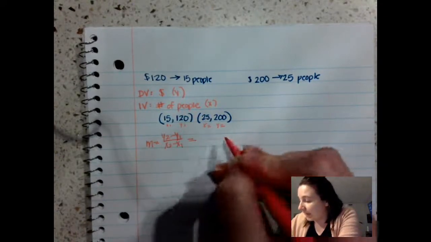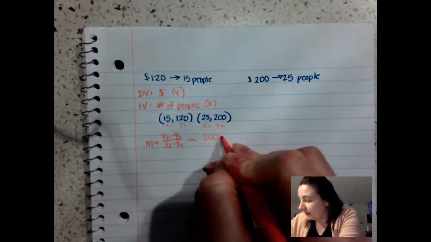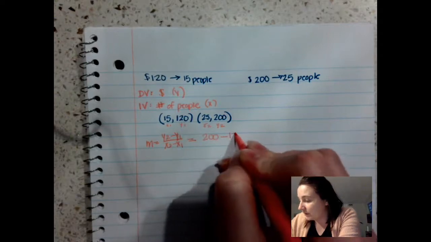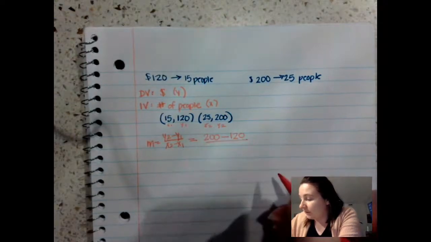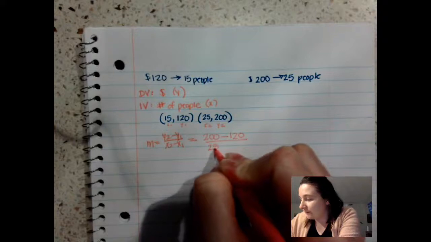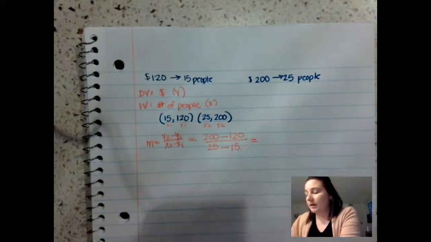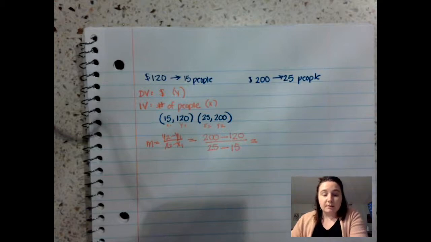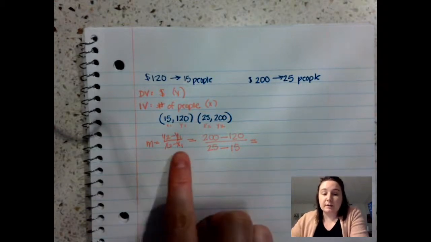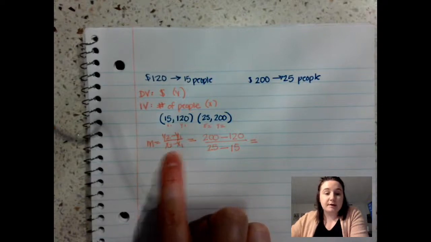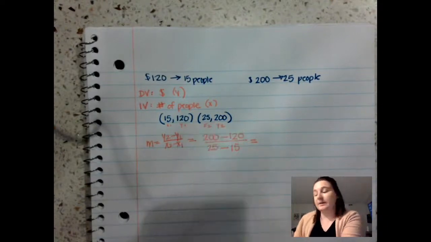So we have y2 is 200 minus y1 is 120 over x2 is 25 minus x1 is 15. The slope formula is something that we've been practicing for a few weeks now, and this is one of the formulas you'll need to memorize this year, so you can use this pretty effectively.